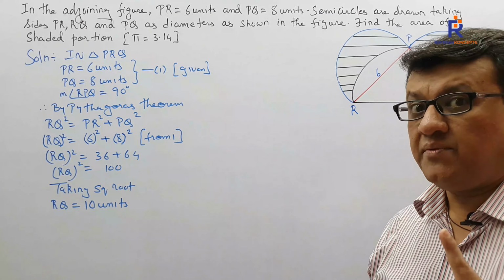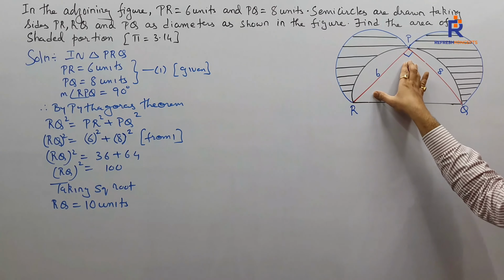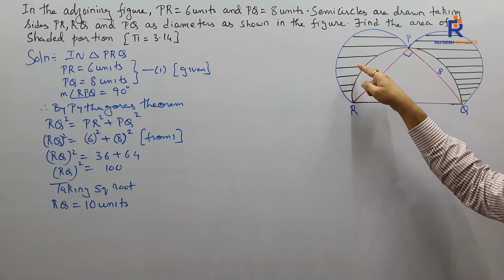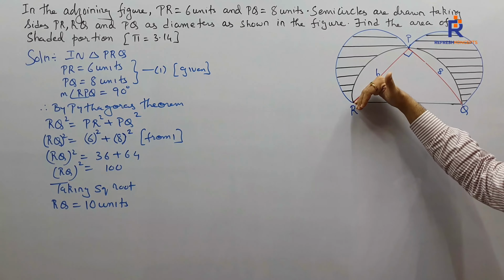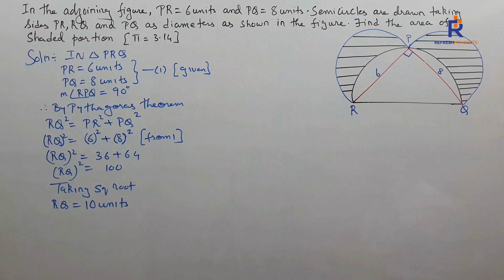Pay attention to what I'm going to make you understand. Just keep this in mind, what you want to find. Now, we are going to find the area of the semicircle with PR as a diameter completely. Listen to me carefully.